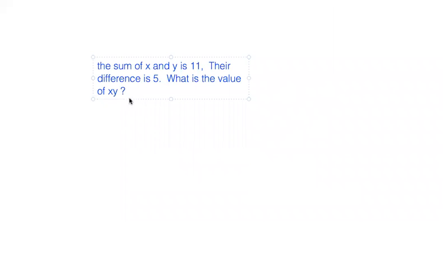Here's a problem that you can do a number of ways, or really 2 ways that I would suggest. And one would be by using algebra. When we use algebra, we're simply writing mathematical sentences for these statements. The sum of x and y is 11, so that's x plus y equals 11, obviously.